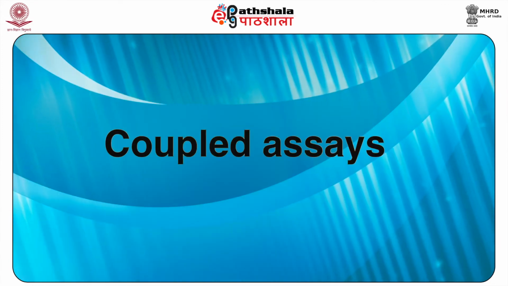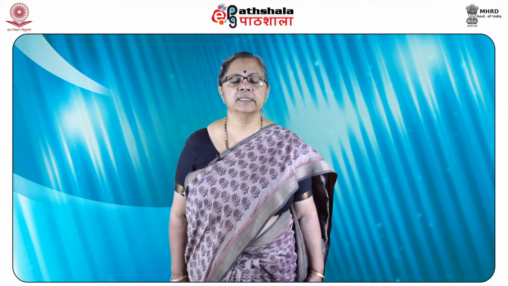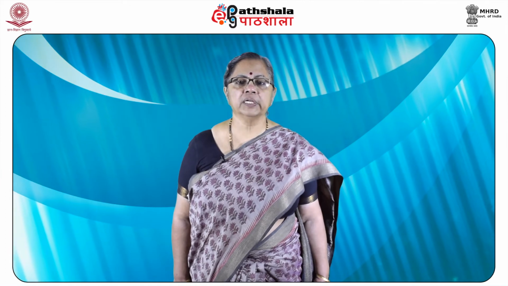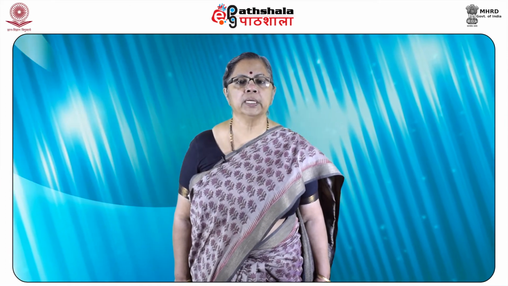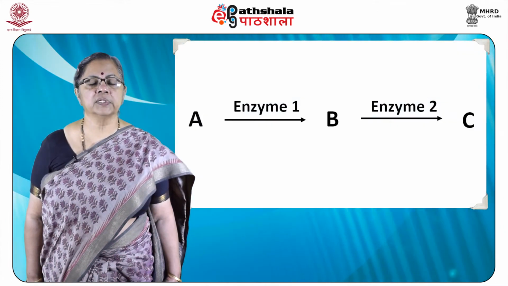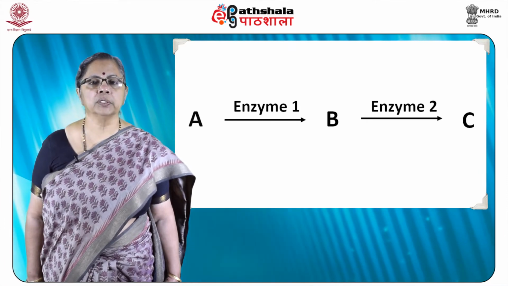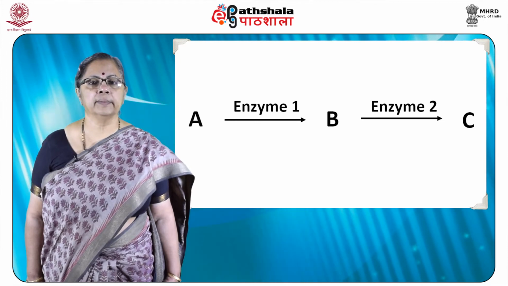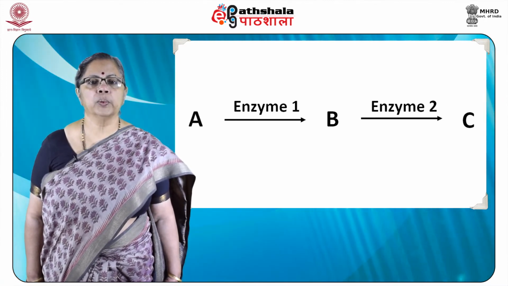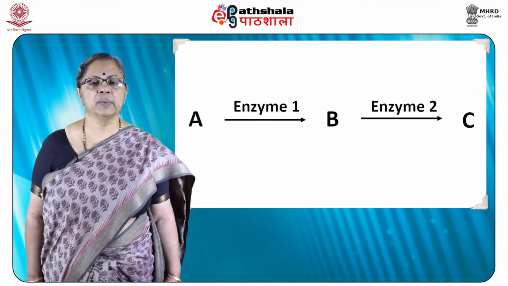A third type of assay is a coupled assay. In cases where the enzyme reaction has an unstable product, the assay would be difficult to monitor under usual laboratory conditions. In such cases, the first reaction is coupled to a second, faster reaction using another enzyme, and the second product, which is stoichiometrically equivalent to the first, is estimated.